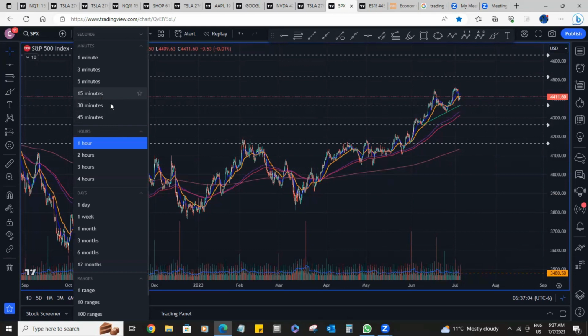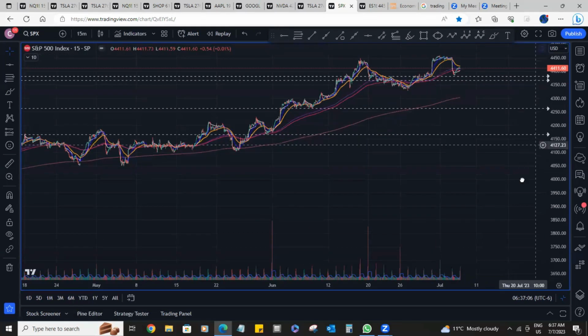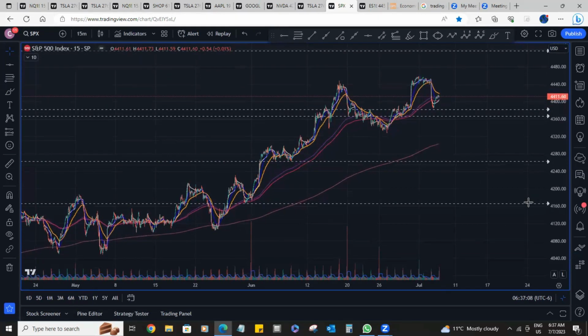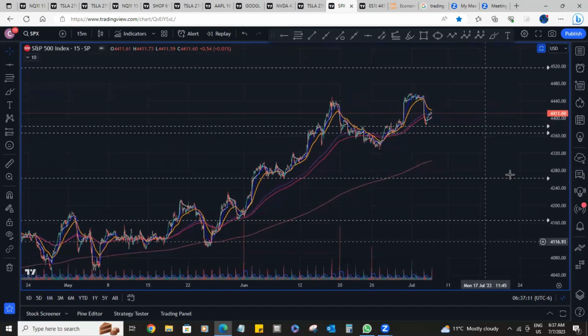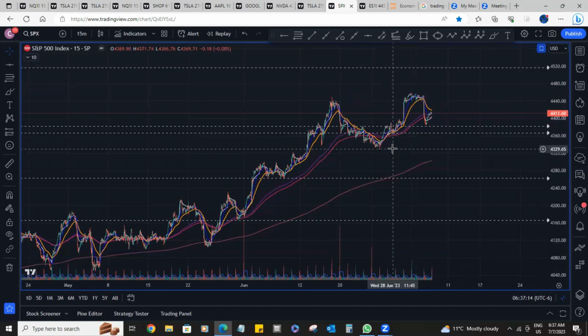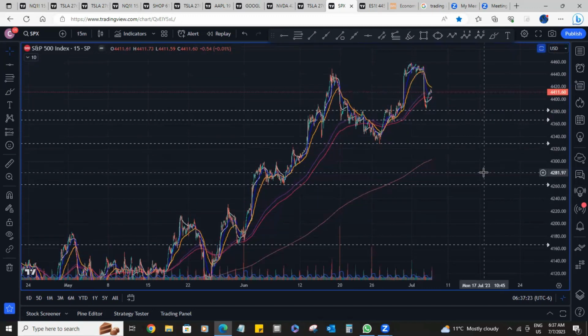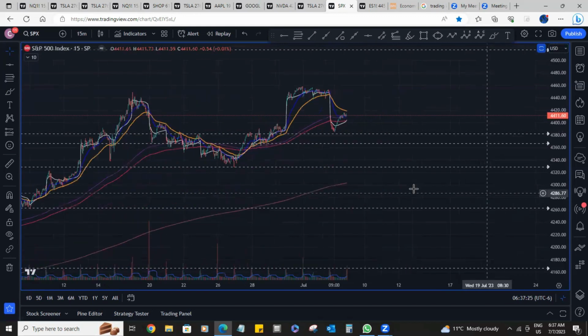So as I drop into a 15-minute screen, we're going to grab this bottom right here. This is 43.29. At the same time, I look to see, going to a smaller time frame, how accurate I am.